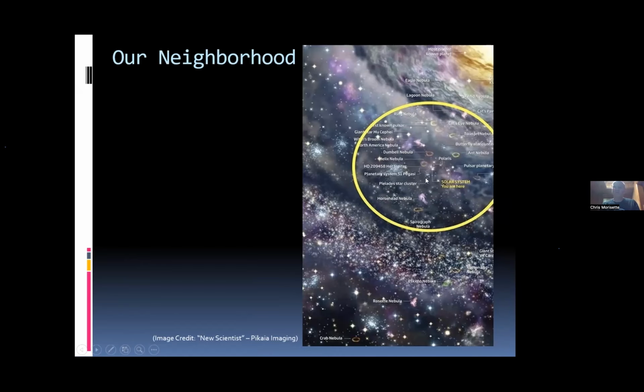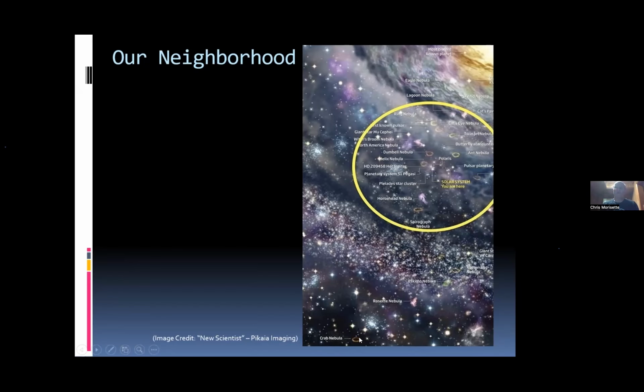But here you can see the Pleiades, the star cluster we talked about last month, the Horsehead Nebula. We talked about the Eagle Nebula up over this way. I think the Ring Nebula is over here. Remember, we talked about the Crab Nebula, the Rosette, and the Eskimo. This is a great picture. It shows you how all these really cool objects are in our own little galactic neighborhood. In addition to showing us where they are in relation to our solar system, it gives you an idea of where they are in relation to each other.